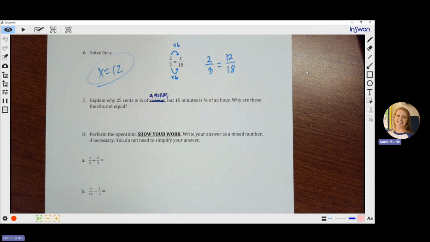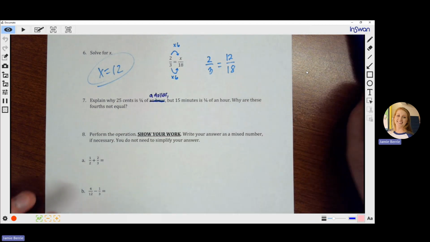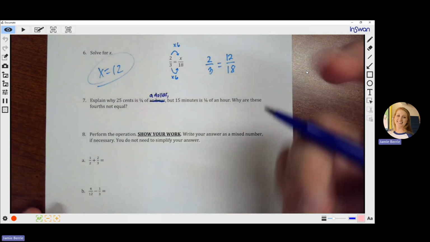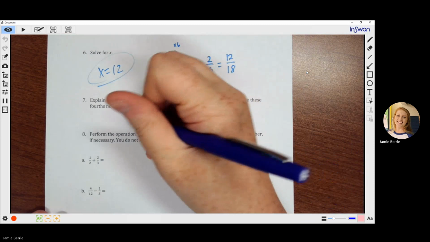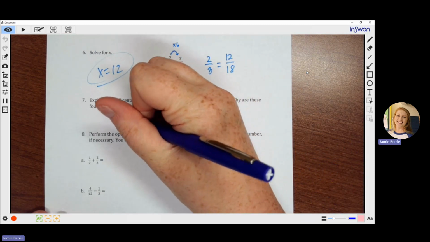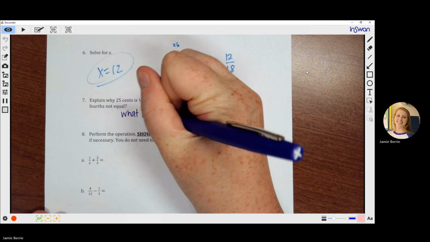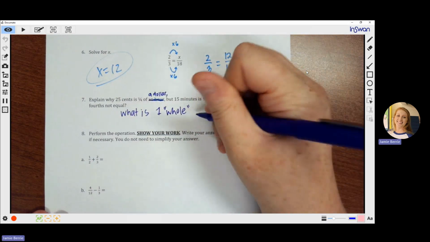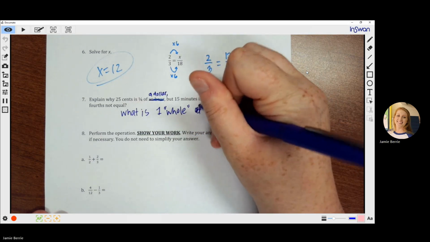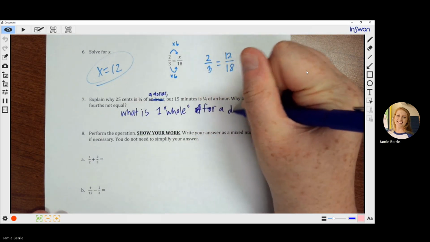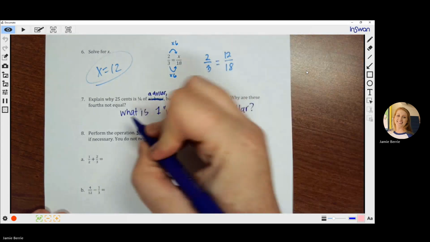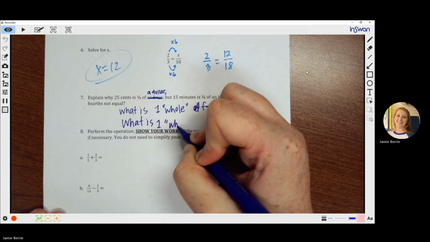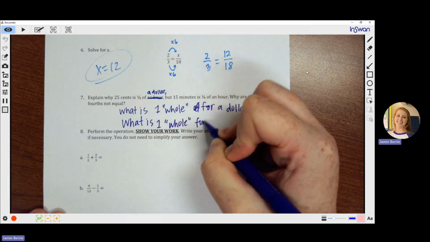I don't want to give you the answer straight away, but what I want you to think about is, what is 1 whole for $1? And then same thing, what is 1 whole for an hour?